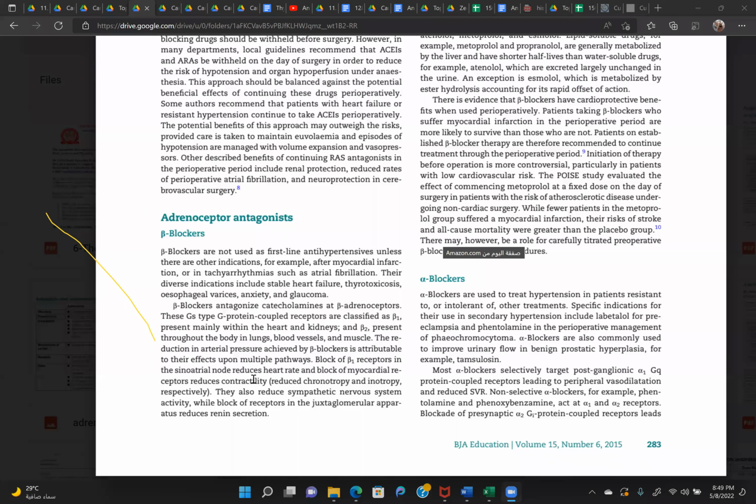But because of their effect on the beta receptors, they can themselves increase the heart rate and sympathetic activation. So it's a tricky answer for that.